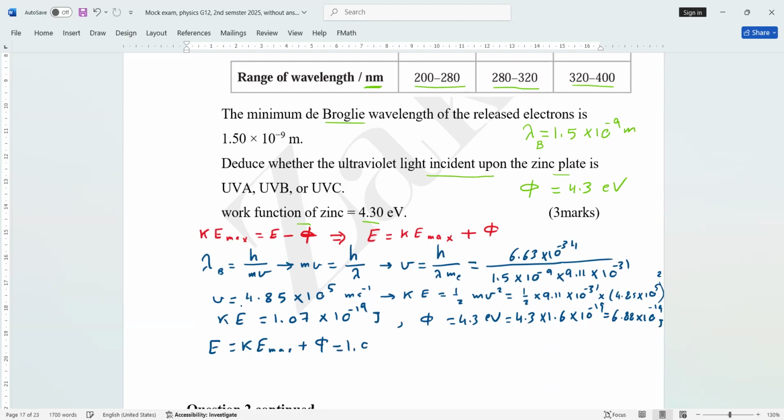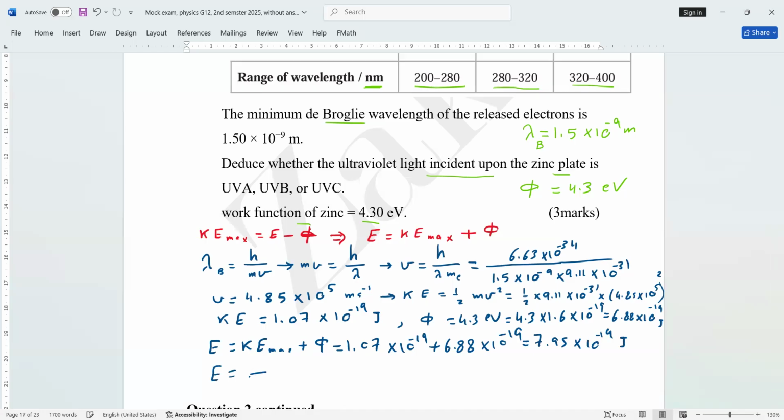Kinetic energy is 1.07 times 10 to the power negative 19 plus phi 6.88 times 10 to the power negative 19. So the answer is 7.95 times 10 to the power negative 19 joule.